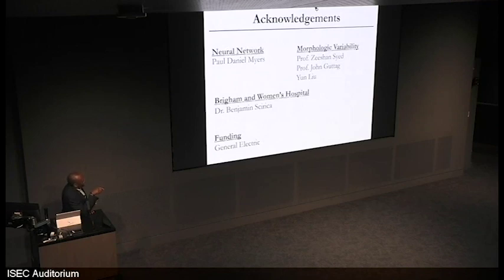The morphologic variability, again, my very talented collaborators, Professor Zeeshan Syed, who is now at Michigan, and Professor John Guttag. Yun Liu also was a very talented student in my group who has since graduated. We get our clinical data from the Thrombolysis in Myocardial Infarction study group, which is based out of the Brigham and Women's Hospital, and our collaborator there is Dr. Ben Scirica.